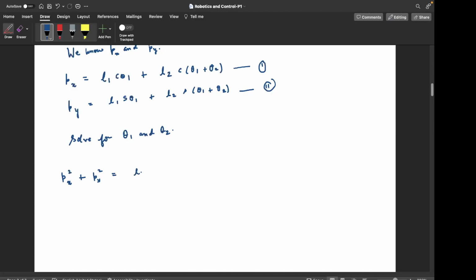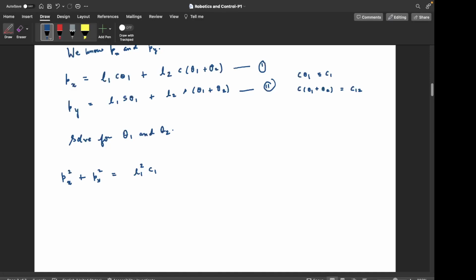So it will be L1 square. Let me also notationally simplify things. So cos theta 1 I will write as c1, and cos of (theta 1 plus theta 2), that I will write as c12, and similarly for sine also, right? So yeah, just quickly square it.